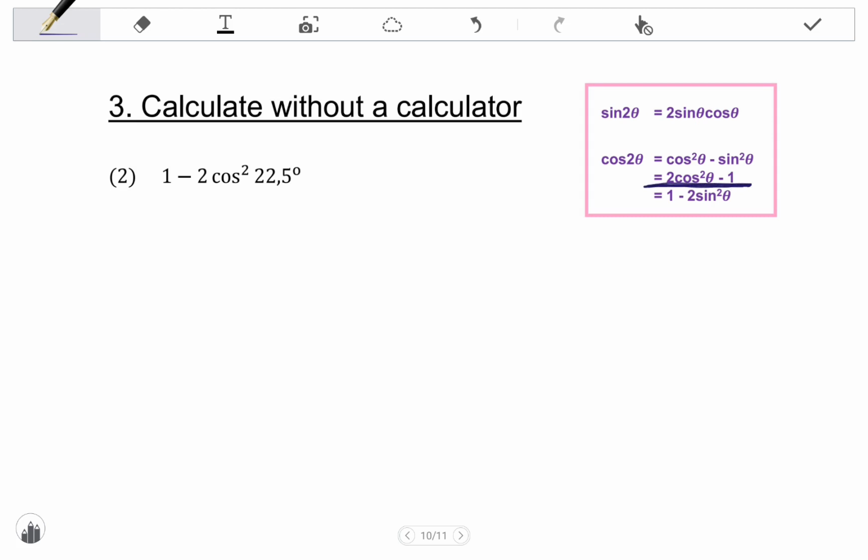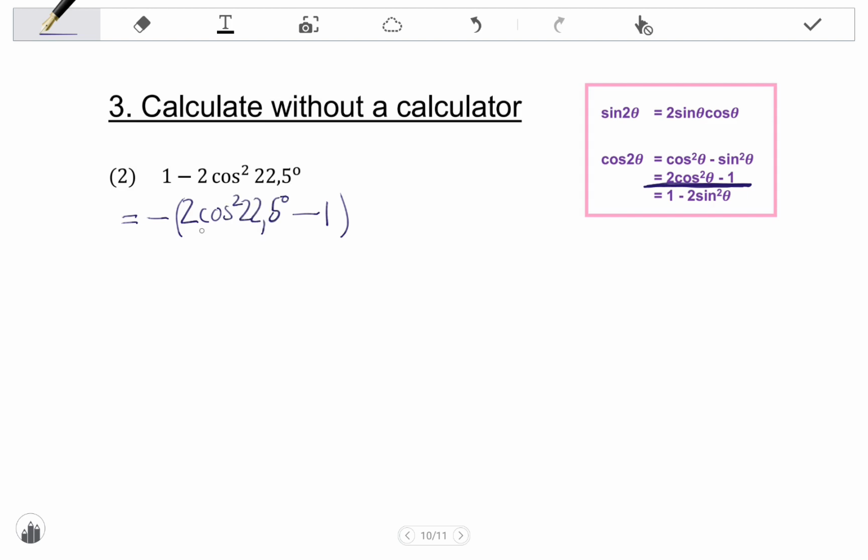But the problem is that my cos squared term must be positive. So that means I need to factorize out a -1. That leaves me with this positive 1 becoming -1, and I'm going to write it as a second term. And the -2 cos 22,5 degrees all squared term will become positive.